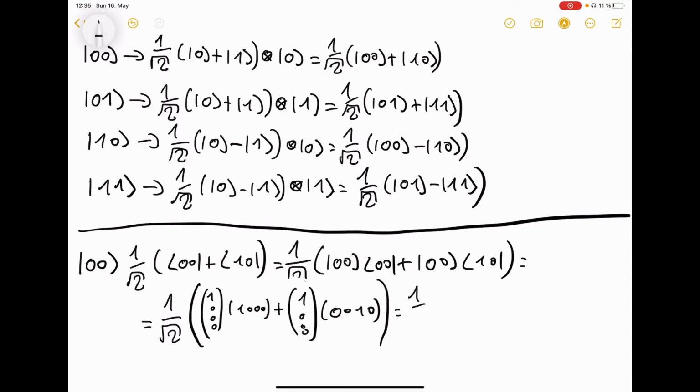Which gives us 1, 0, 0, 0, everything else zeros, plus 0, 0, 1, 0, everything else zeros.